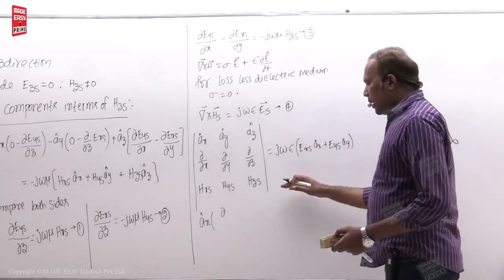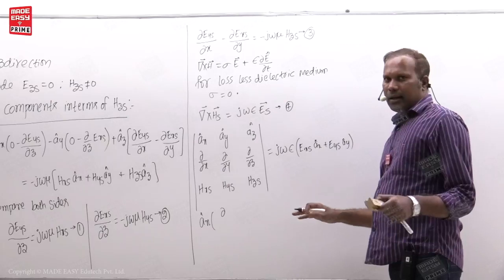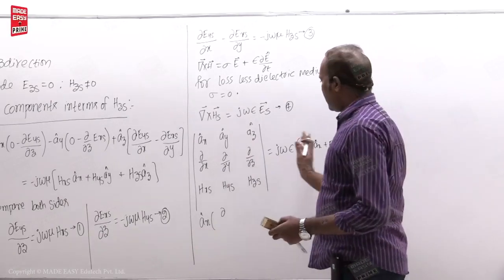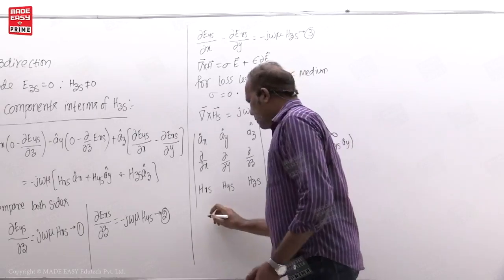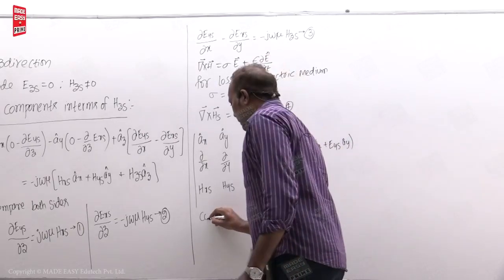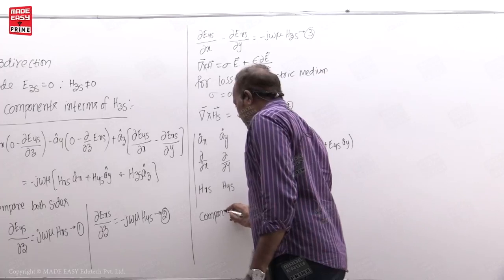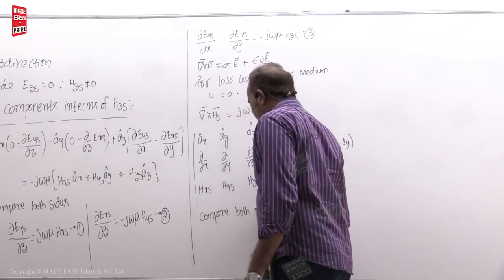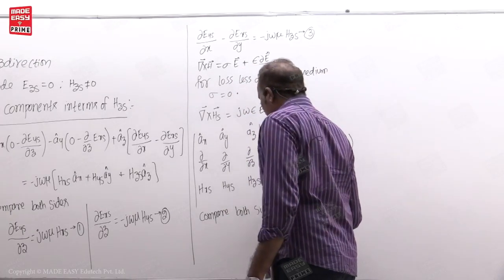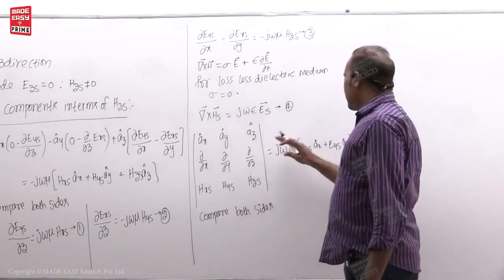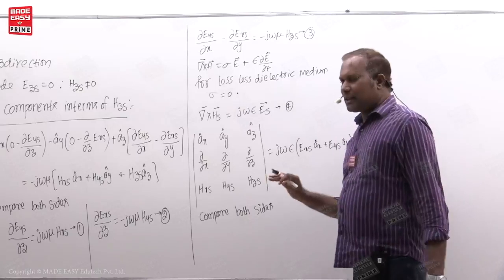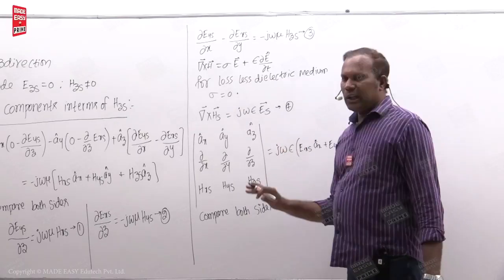Students, I am not writing this directly. I will equate the components after writing. Compare both sides. That means you expand this determinant. Here you will have xyz components, and this side also, of course z is not there. You compare, then you get equations directly.